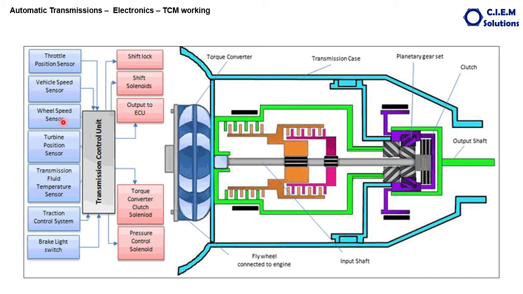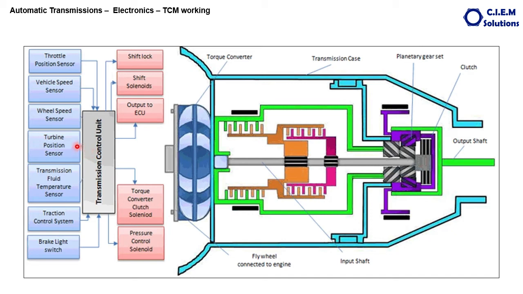Tire slippage will be there, road slippage will be there. To take care of all such abnormalities and to increase the precision levels, the inputs will be taken from the wheel speed sensor. Then this is the turbine position sensor.